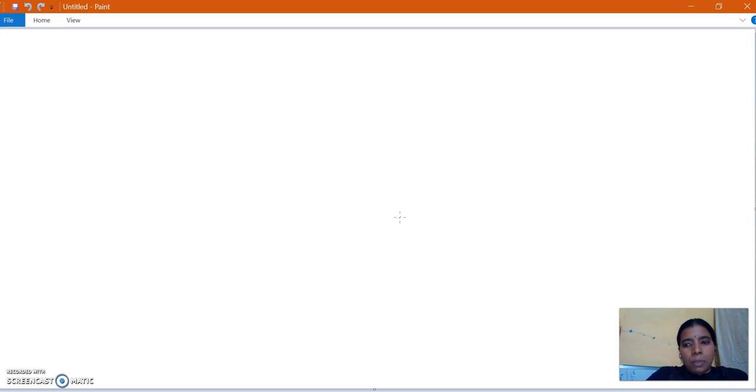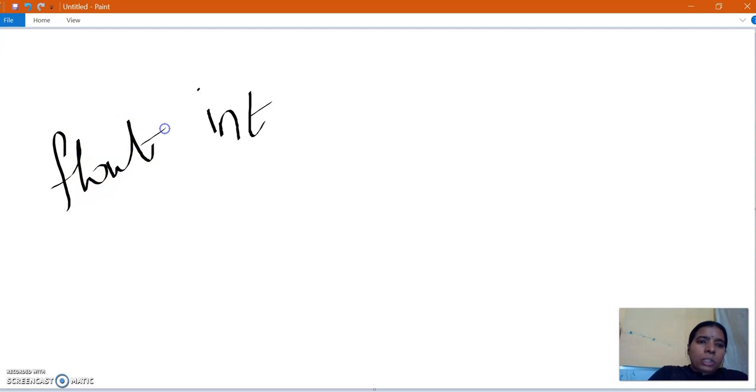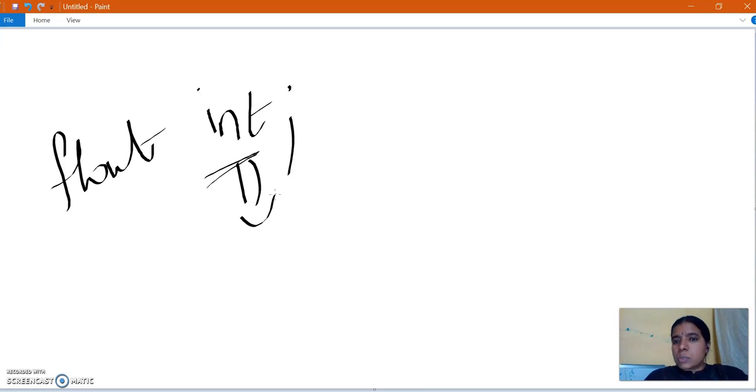For example, there's one standard rule in C which says keywords must not be used as variable names. So if I write float int, this would throw an error because int is a keyword. There's another rule in C which says keywords must always be written in small letters.